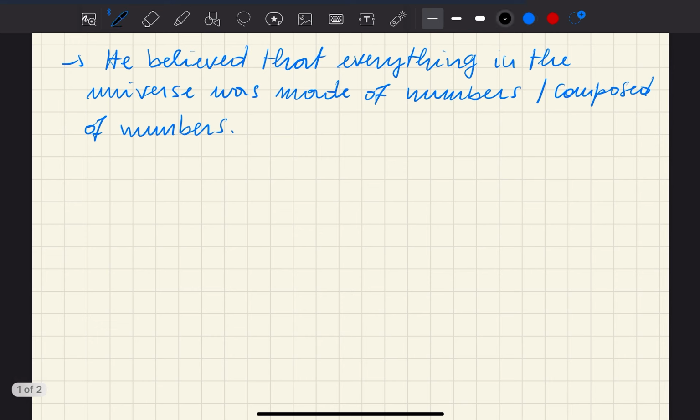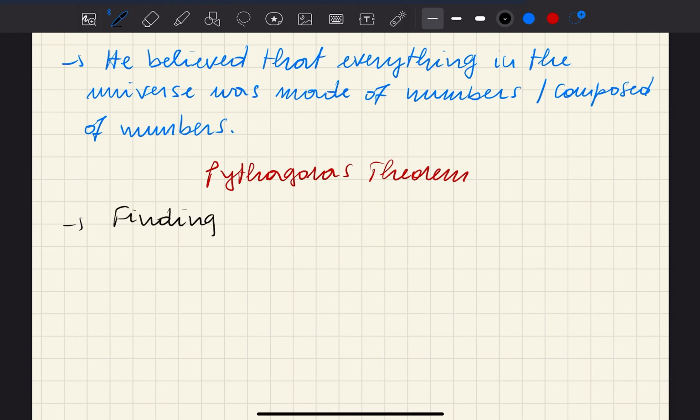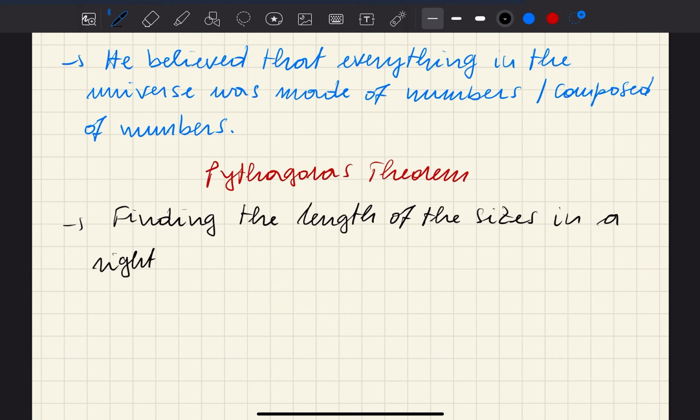Pythagoras theorem just helps us to find the length of the sides in a right-angled triangle. Right.